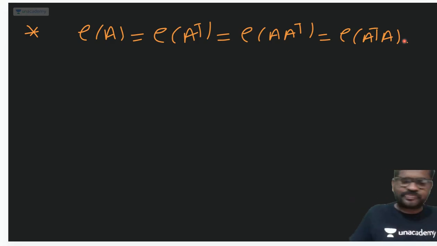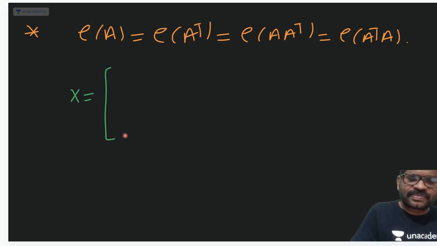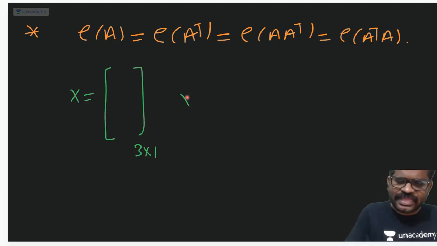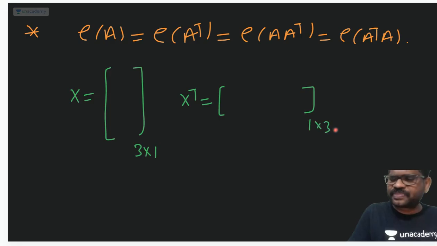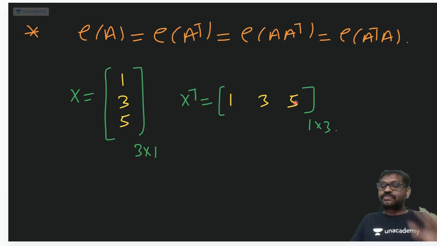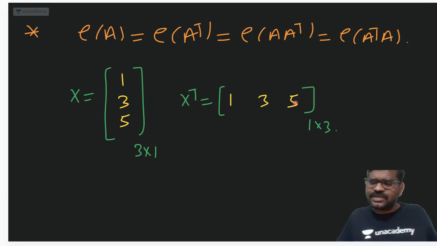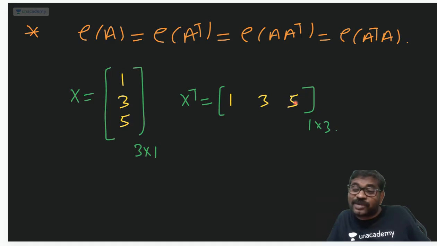Just observe. X is 3 cross 1. X transpose is automatically 1 cross 3. Okay, now 1 3 5, 1 3 5. X is a 3 cross 1 matrix. What is the highest possible minor? 1 cross 1.